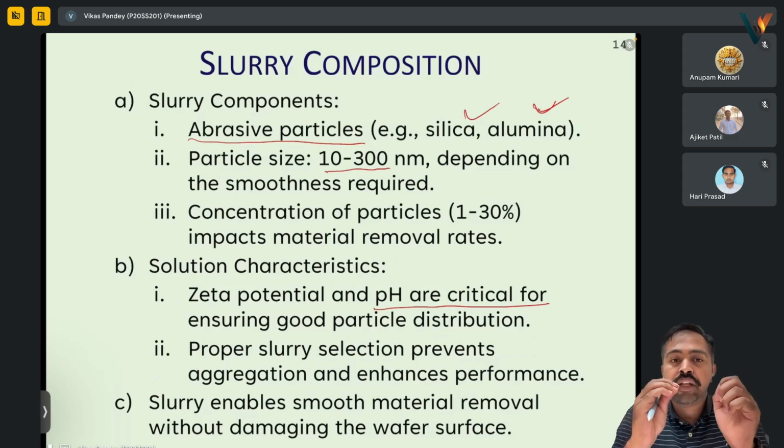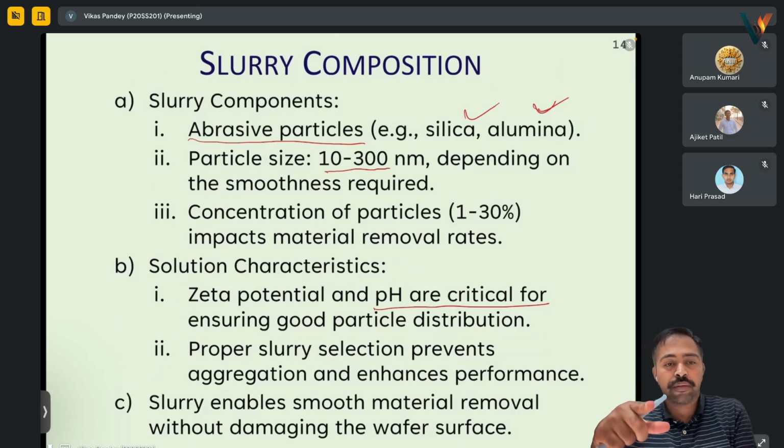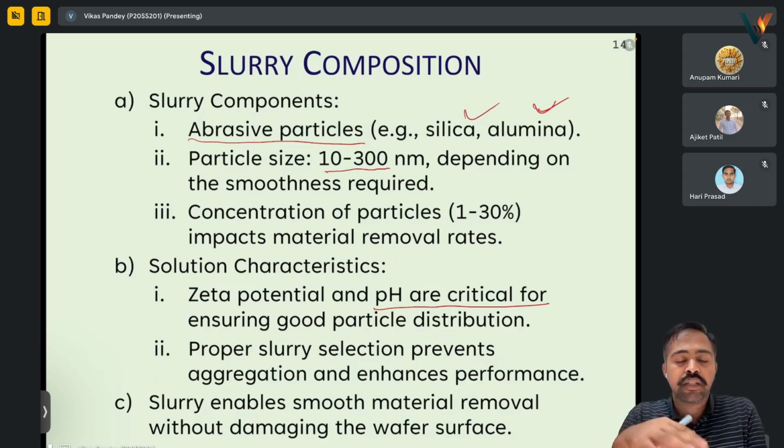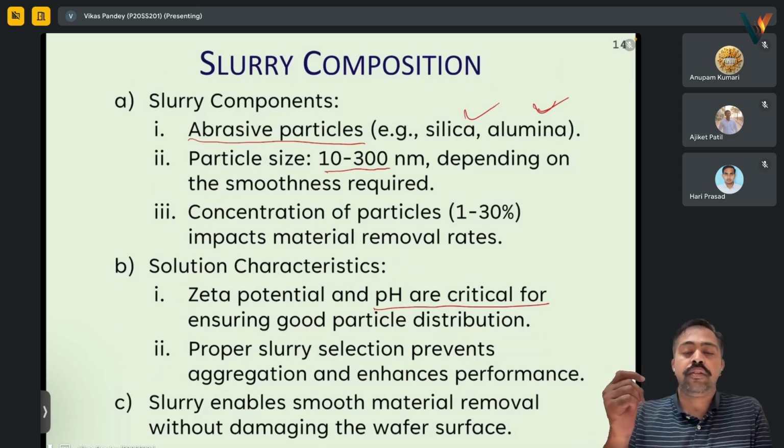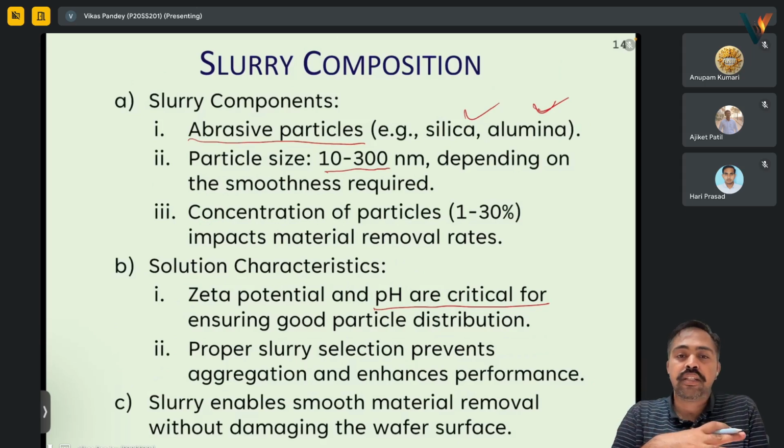That is very critical. Whatever solution we take in which this is mixed will determine how much aggregation there is, so we have to choose the solution accordingly. This slurry enables smooth material removal without damaging the wafer surface.